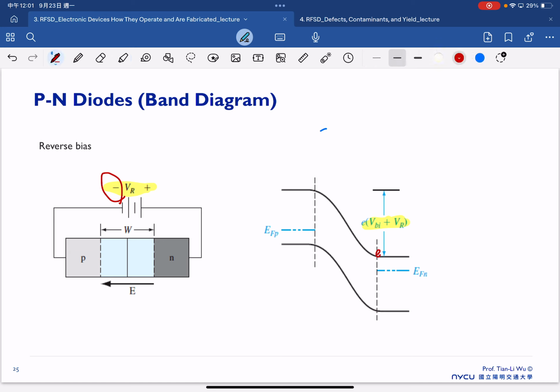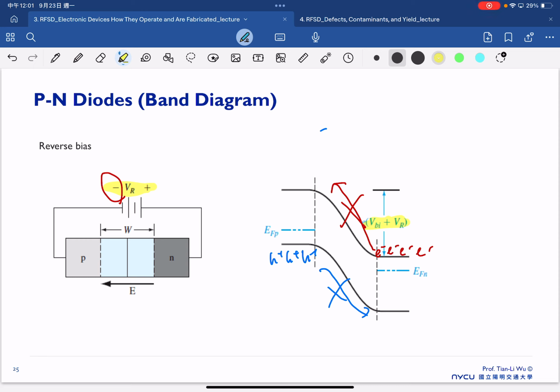So that means your electrons here are not able to cross this mountain anymore, and the holes also cannot cross this mountain anymore.